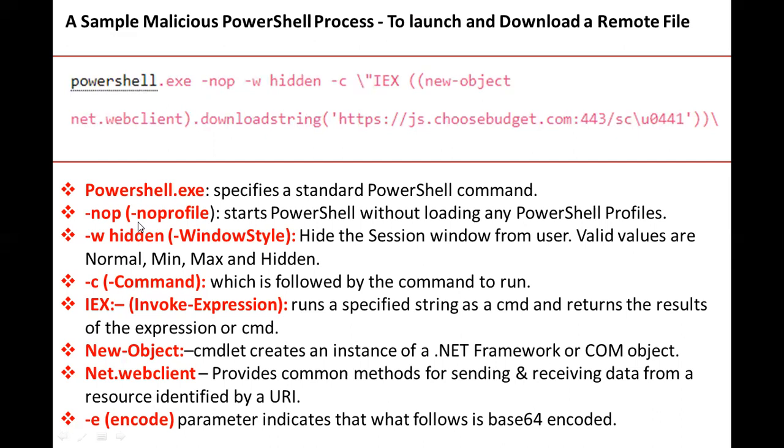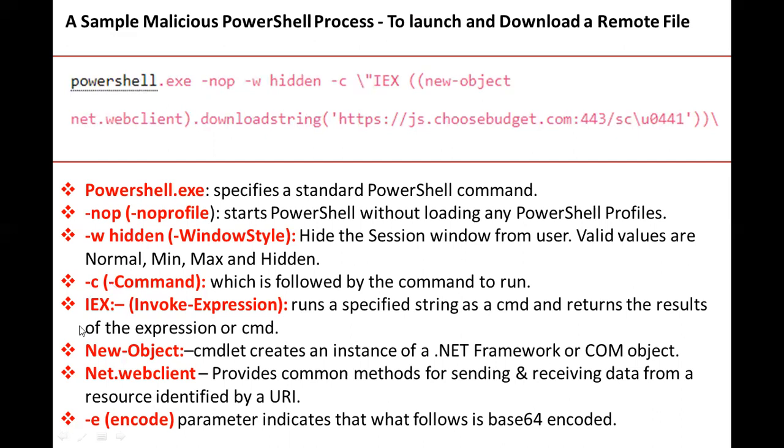Users will not be able to see that a PowerShell window session is on. Then next is -c, as you can see, which means that the next command following it should be executed. It means the next string that is written after -c should be run or executed, right?